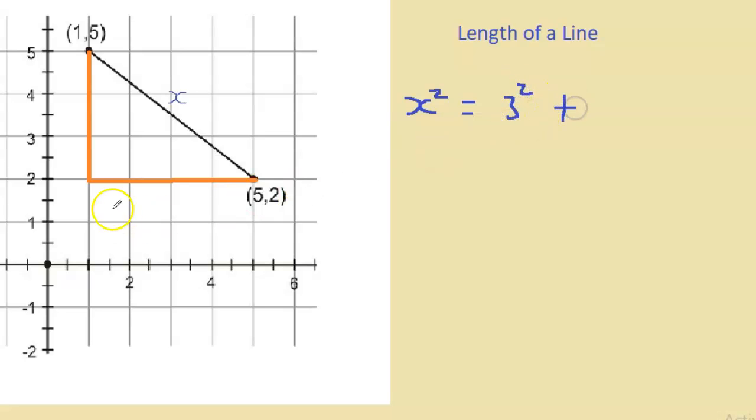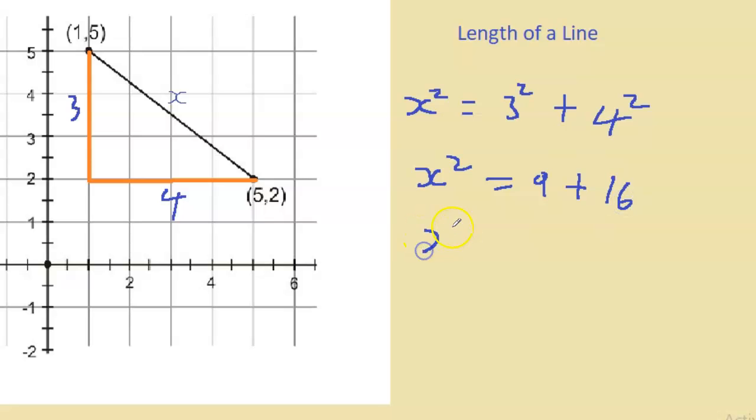And then the base of this triangle, how many units? 1, 2, 3, 4. So 4 squared. So x squared equals 3 squared plus 4 squared, which is 9 plus 16, which is 25.